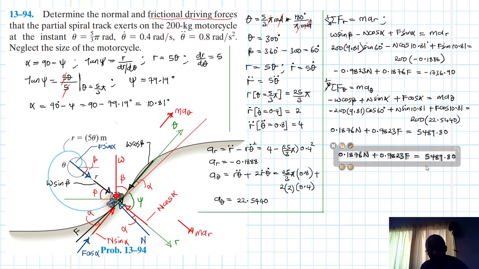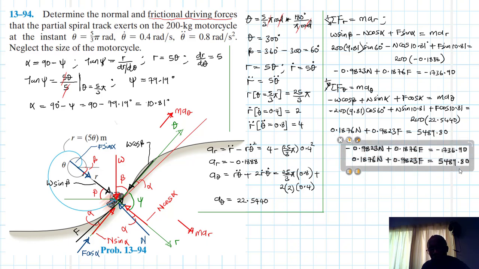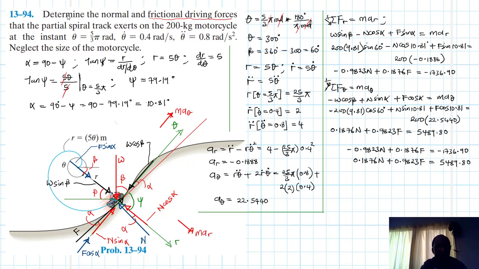Okay, so I'll have this one here like so, and I'll bring the other one here also. So I'm going to solve these two equations simultaneously, right? All right, so let's solve them. So I'll bracket them like so.